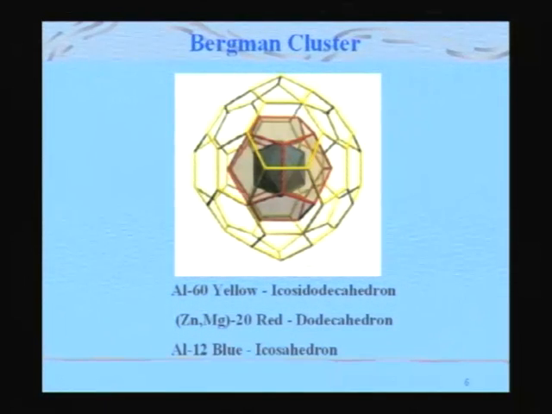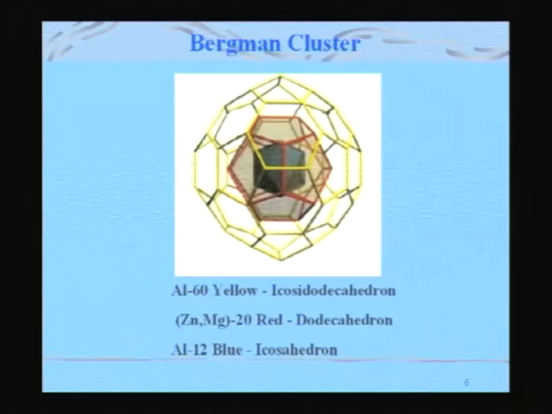One such example is the aluminum zinc magnesium compound. This is a compound which has a 3-layered kind of structure. You have an internal layer of aluminum with 12 atoms, which is nothing but an icosahedron. How many corners are there in an icosahedron?